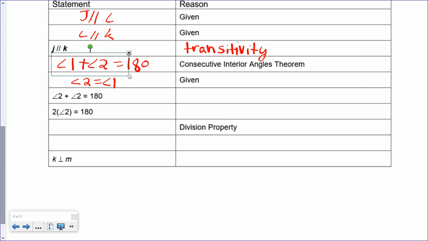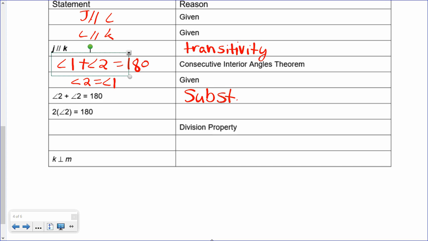This is not transitive. You're not saying 2 things are equal to each other. You're literally plugging 2 in for a 1. That's substitution, and you don't have any other option. So substitution. I'm plugging the 2 in. The plugging in property. Substitution.